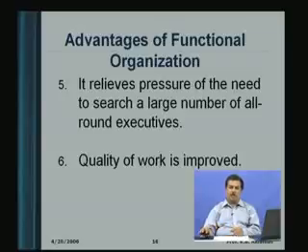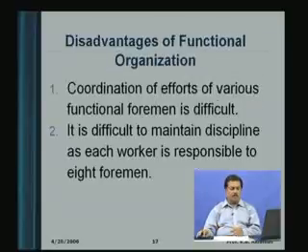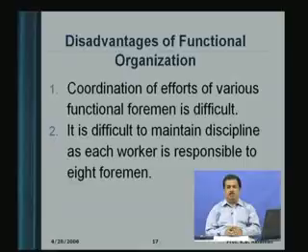The quality of work certainly improved with specialization, where people were able to perform different functional roles. But these functional roles also led to issues of coordination, which we will see later on when we discuss various dimensions of coordination.